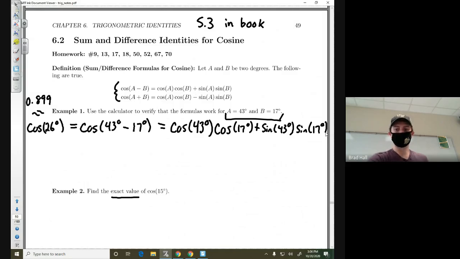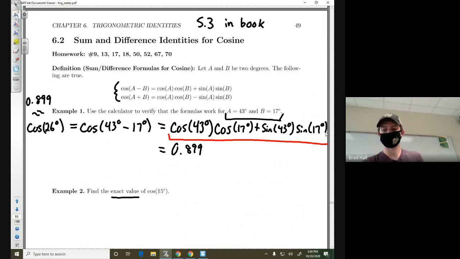Now I want to plug all of this in the calculator, and what we're verifying is that this also gives us 0.899, which I'm assuming it does. So we just verified that the subtraction part works.